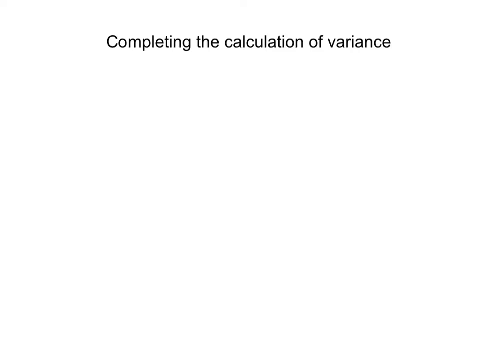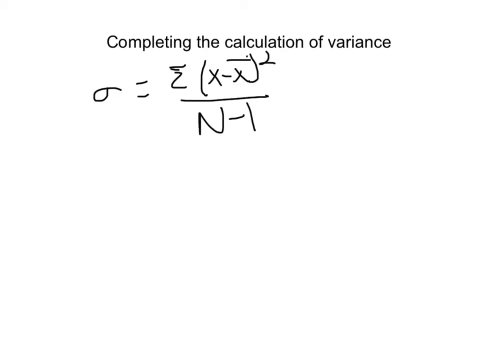If I'm going to plug in my sum of x minus the mean squared into the equation for variance, I'm going to start by writing out my equation. Variance equals the sum of x minus the mean squared divided by n minus 1. I've already calculated that top part as being 98.